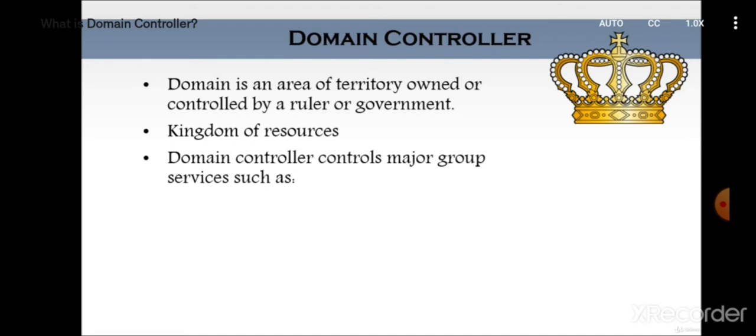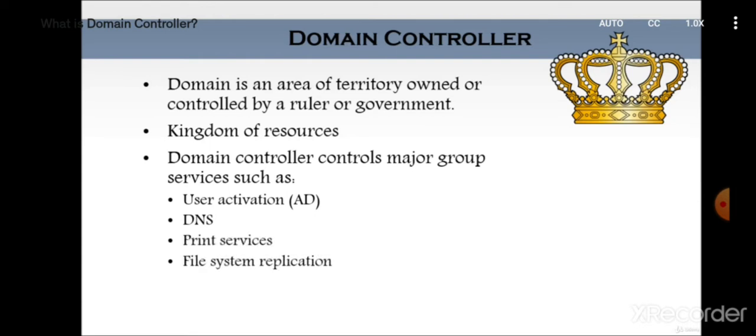A domain controller controls major group services such as user activation service, which is the Active Directory services, a DNS, domain name services, print services, file system replication, Windows time service, DHCP, and many other services.